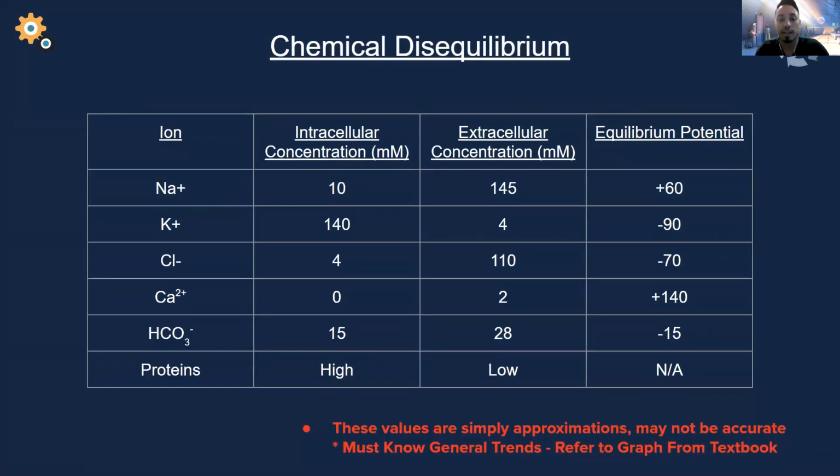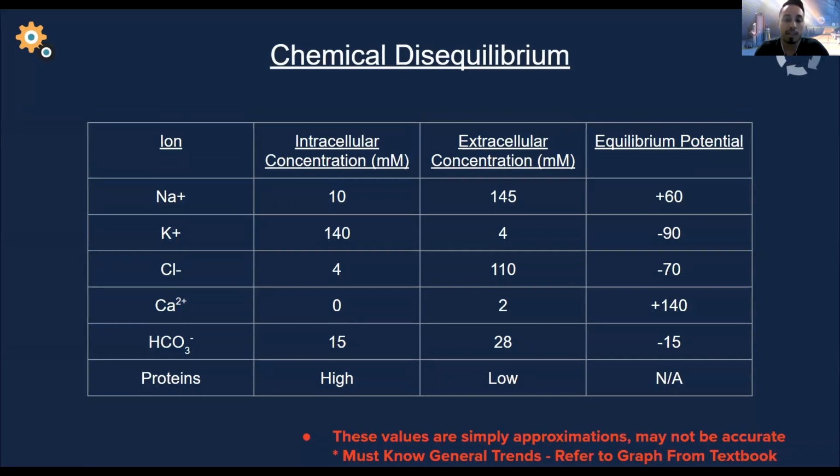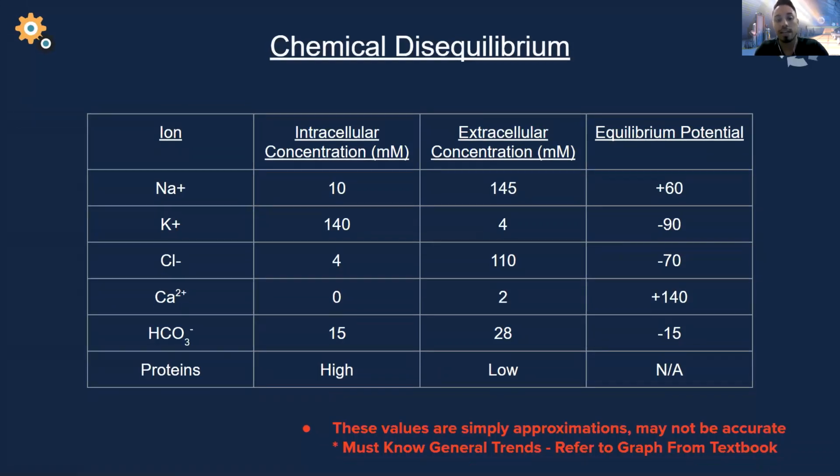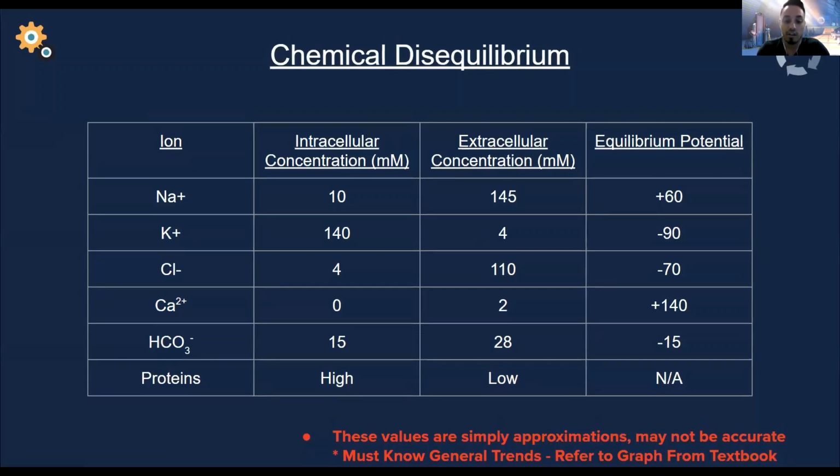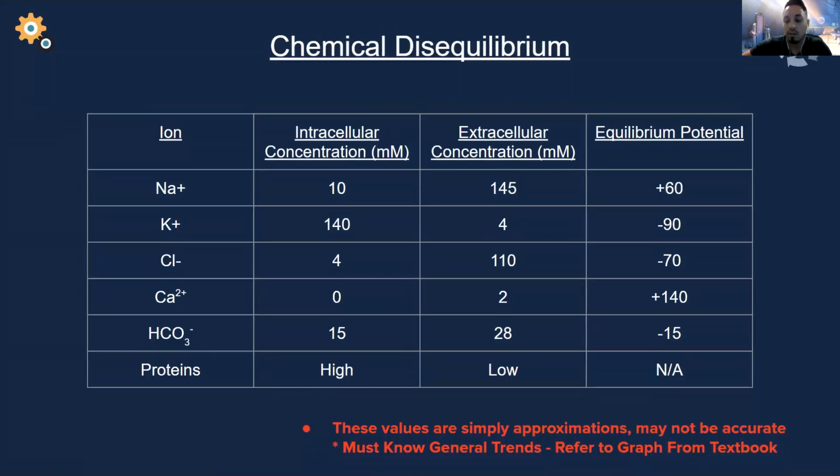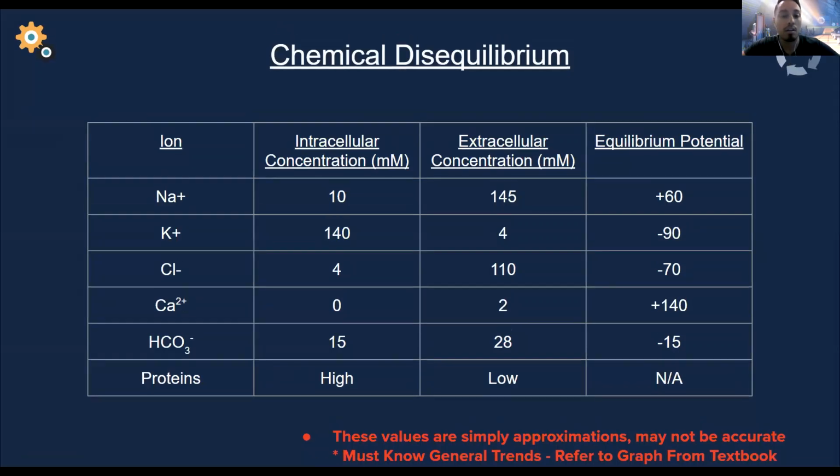So just know where the high concentration of each ion is. Sodium is higher outside the cell, whereas potassium is higher inside the cell. You don't have to know the exact numbers, just where they're more concentrated, because sometimes they give scenario questions to see if you understand where things belong, either inside or outside of the cell. This might not be accurate, so you can refer to your textbook for a more accurate measurement.